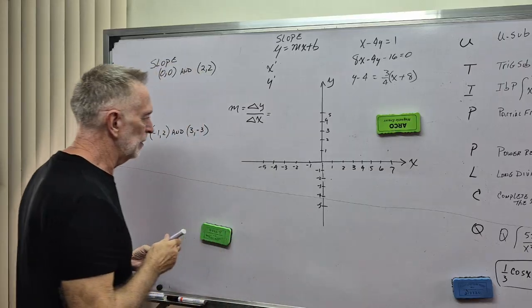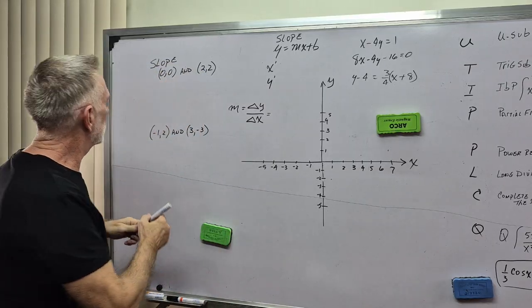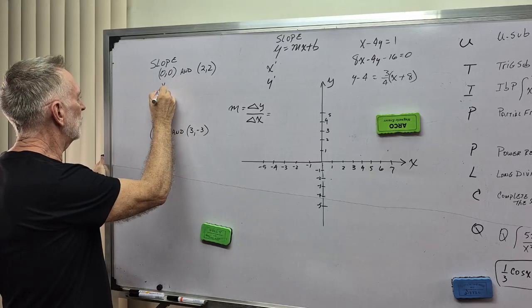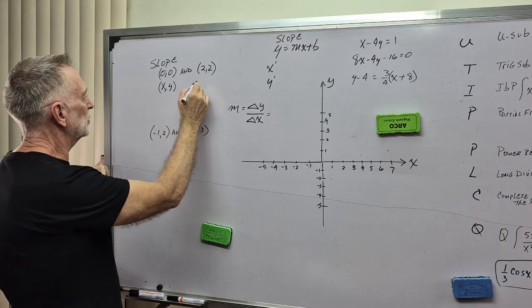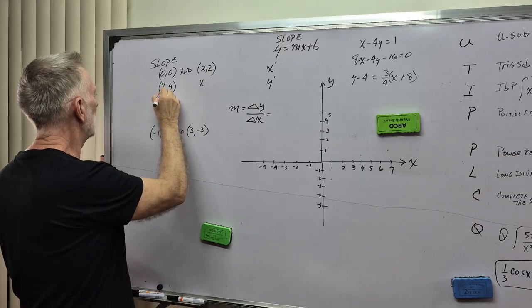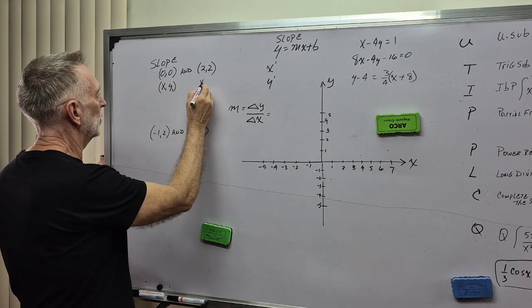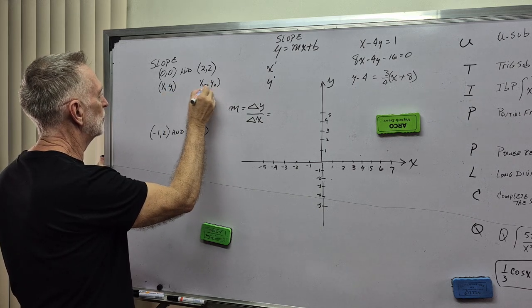Now, many times we're given points like this. And this would be the point, x and y would be how they're listed. So we'll call this x sub 1, y sub 1, x sub 2, y sub 2.